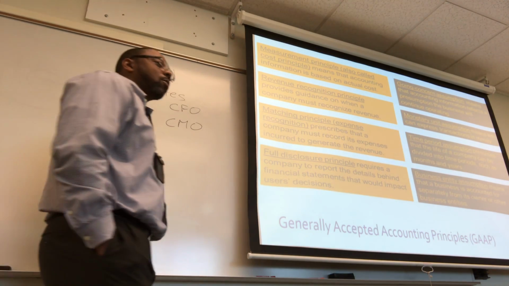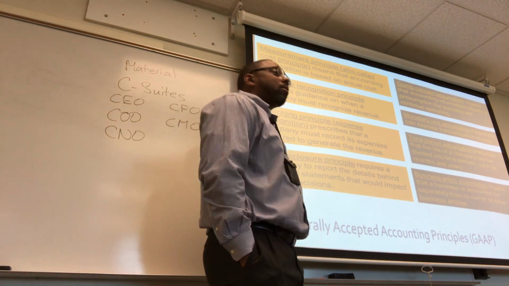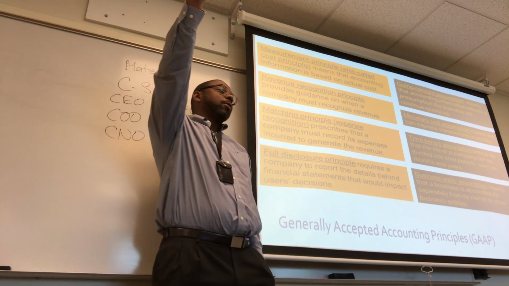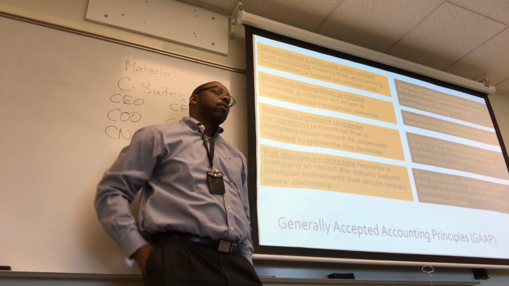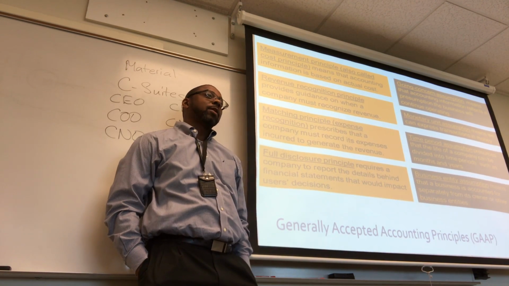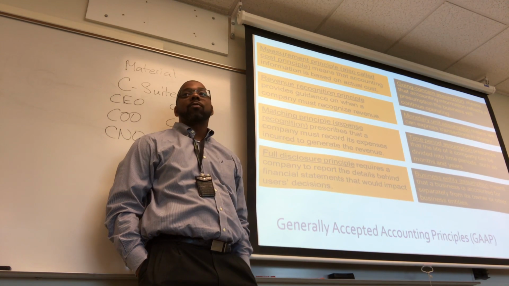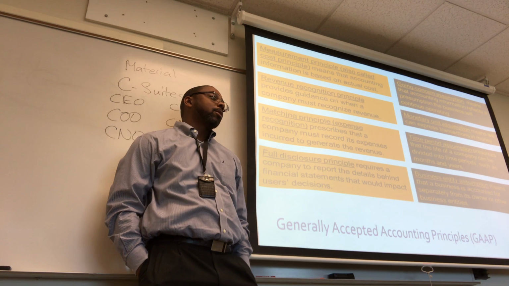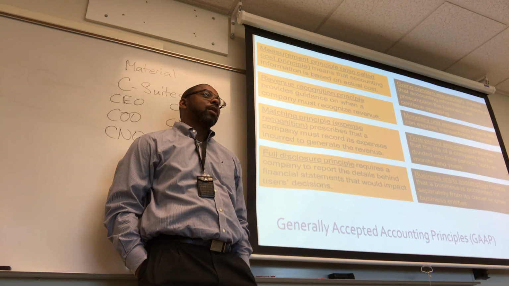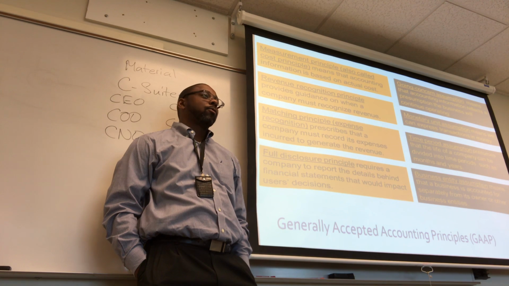Stuff is based on actual costs. So if you bought, let's say, a piece of land here on Route 7, it was valued at $1 million, but you bought it from a family member for $1. You need to put it on your financials at $1, not $1 million. Everyone with me?